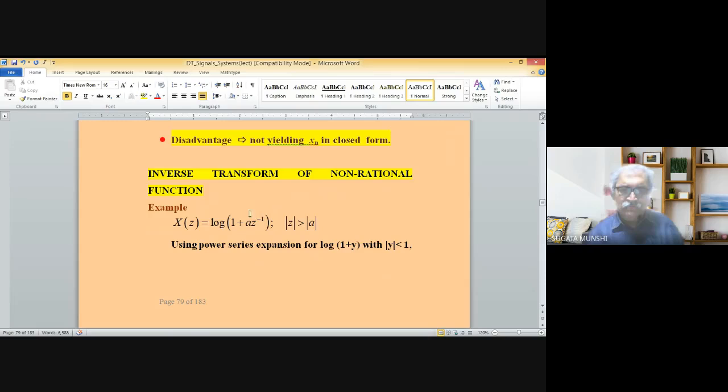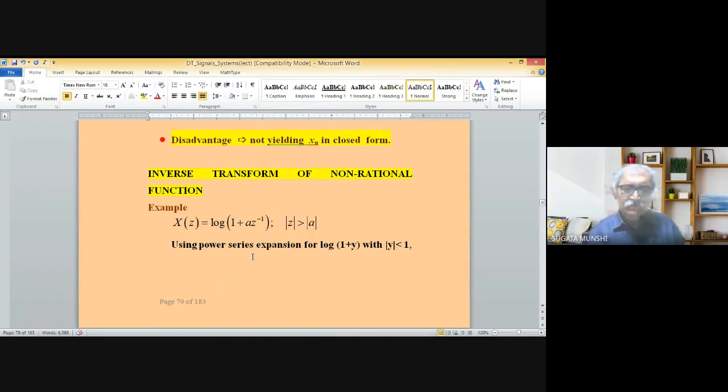For solving such problems, remember that you should recapitulate your knowledge of the infinite series expansion for different functions of z. It can be log, it can be e to the power z, it can be sine z, like that. So all these series expansion formulae should be at your fingertips.